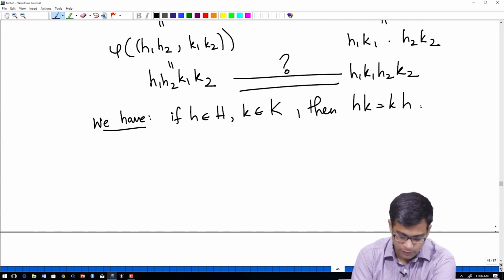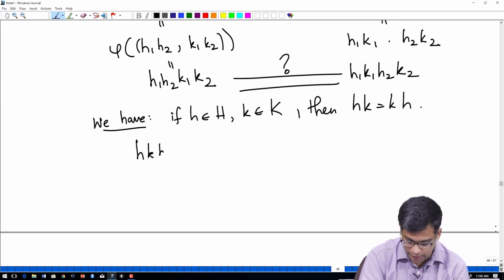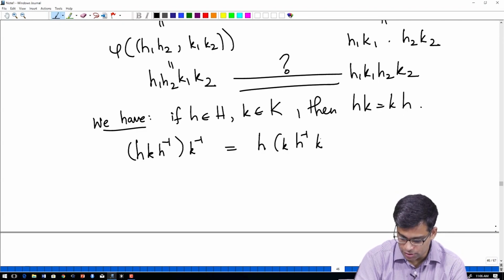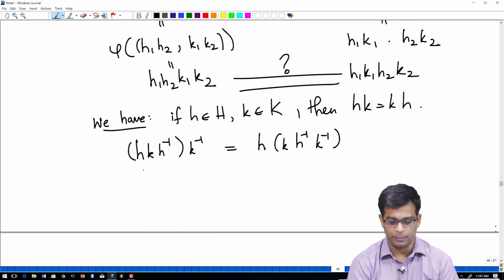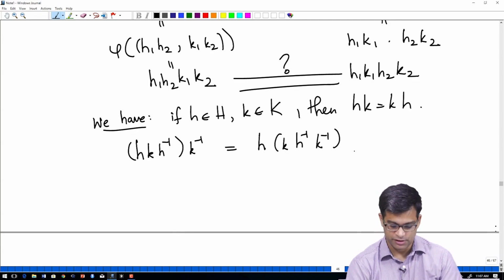Why is this? Let us write the two elements as follows. So we have h k h inverse k inverse, which is equal to h, k, h inverse, k inverse. I am not doing anything here, I am just grouping them differently, which in a group gives you the same answer. So h k h inverse, k inverse.